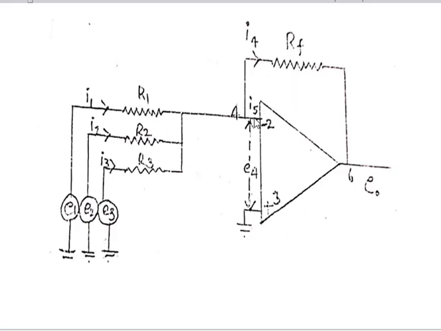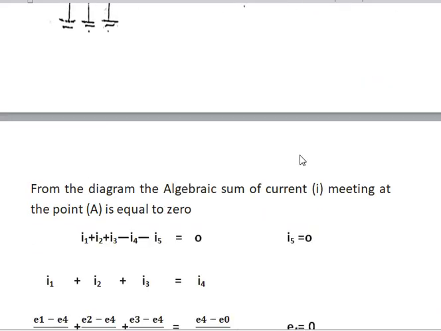And I5 is the current passing into this amplifier through the inverting input. And E4 is the EMF between these two points. E output is the output voltage appearing at pin 6.